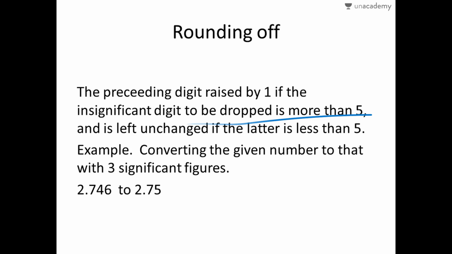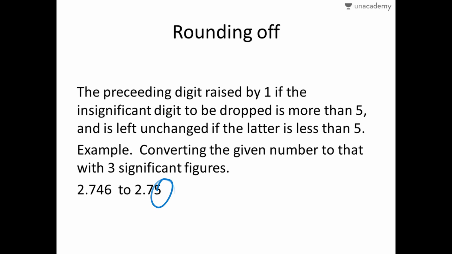That is, if the value is 2.746, here we see that 6 is greater than 5, and so the penultimate number, which is 4, will be moved up by 1 number, and so it becomes 5.